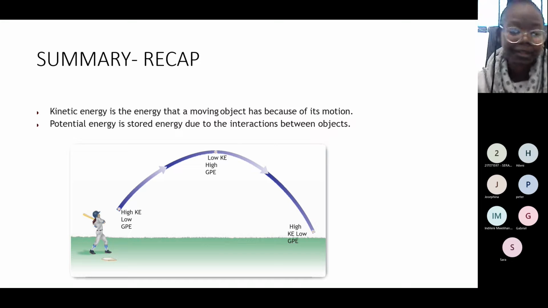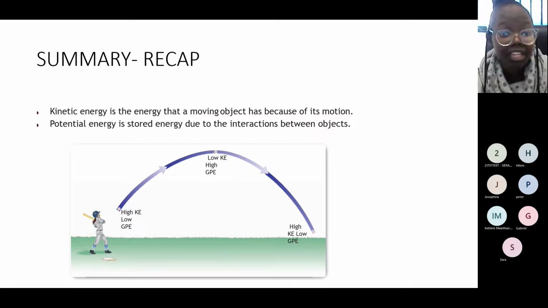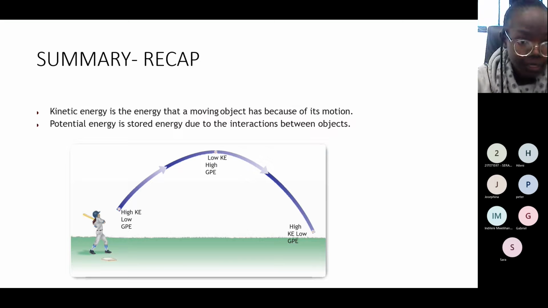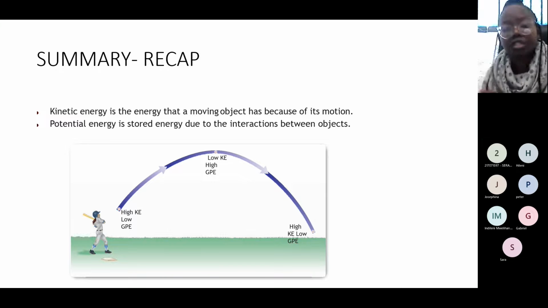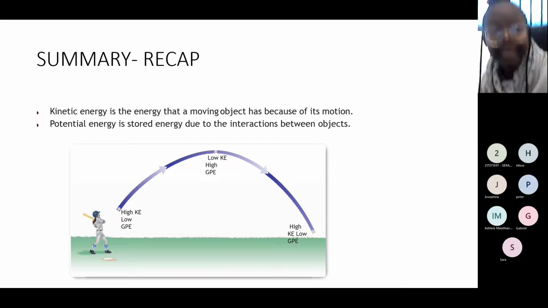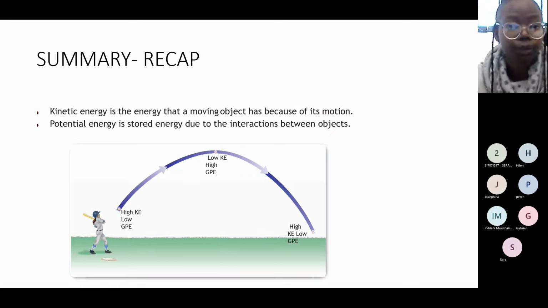As you can see, this golf person is hitting a ball. At this point, the ball has high kinetic energy and low gravitational potential energy because it's not high up in the sky, so the potential energy is low.